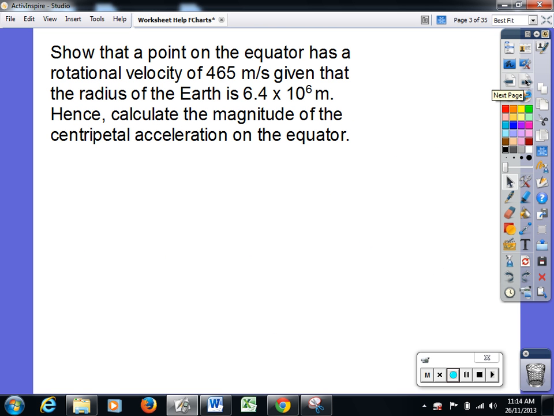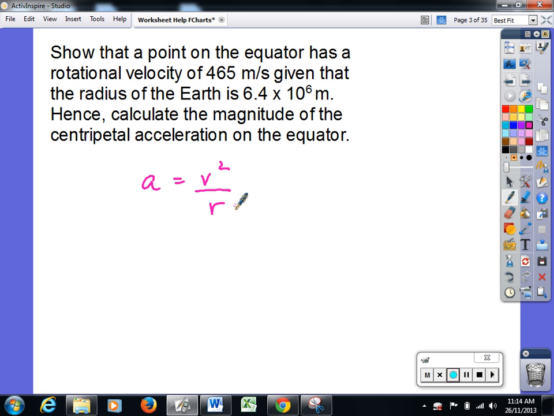Question 3 now is asking us to find the magnitude of the centripetal acceleration on the equator. To find the acceleration, we're going to use the formula again, that the acceleration is equal to v squared on r.